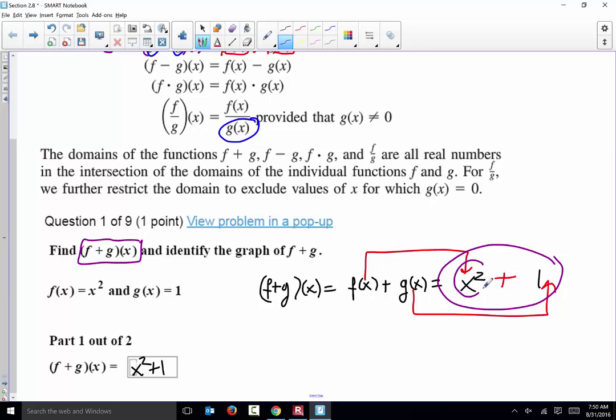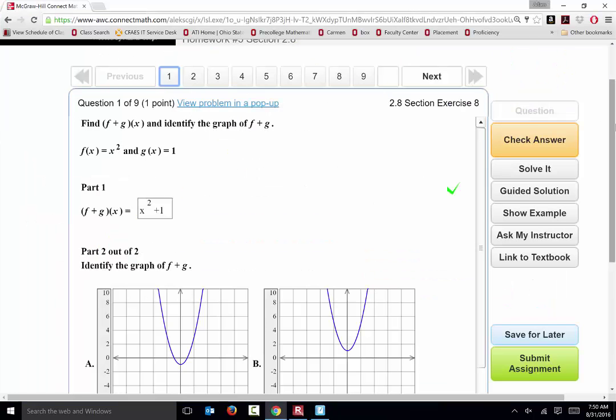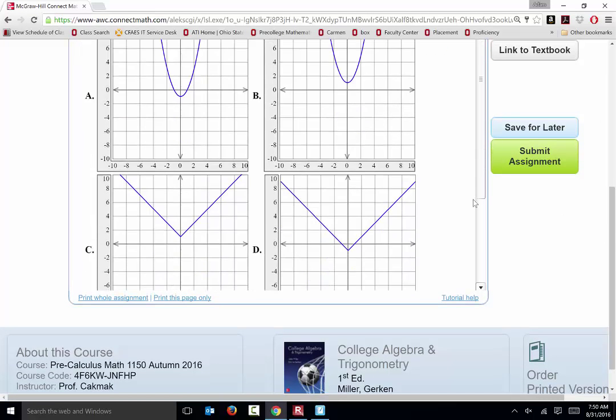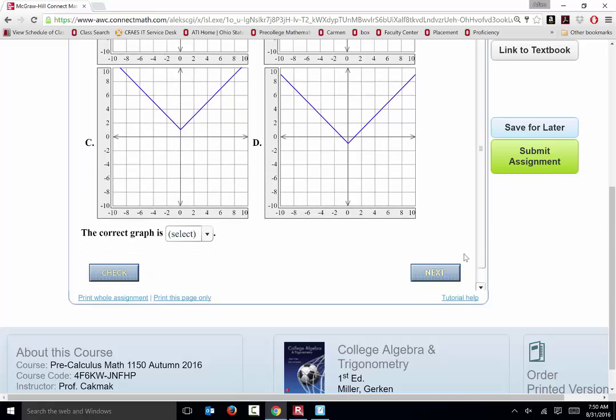I mean, we already know the x squared graph, right? Isn't this a parabola right between x and y, right? Now what happens if you add 1 to it? It moves up 1 here. So I need to pick a graph starting at 0, 1 instead of 0, 0.